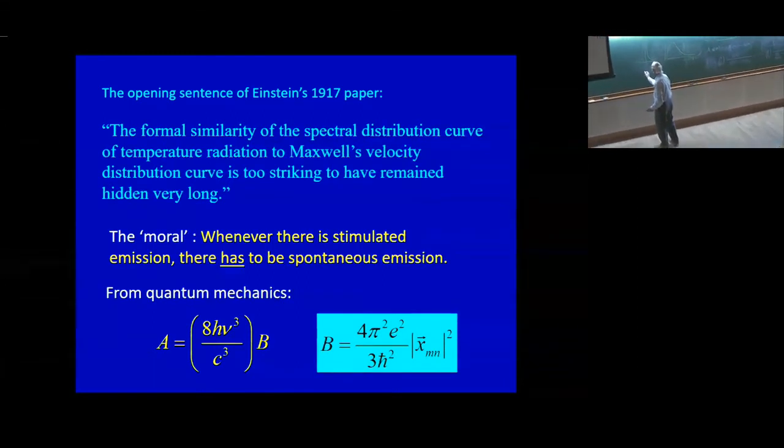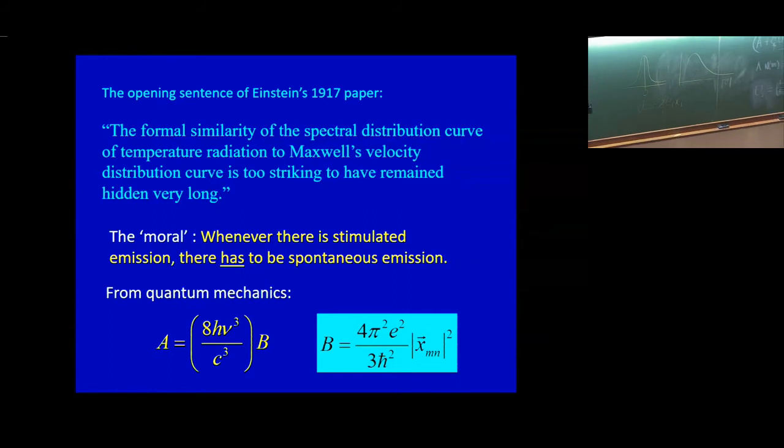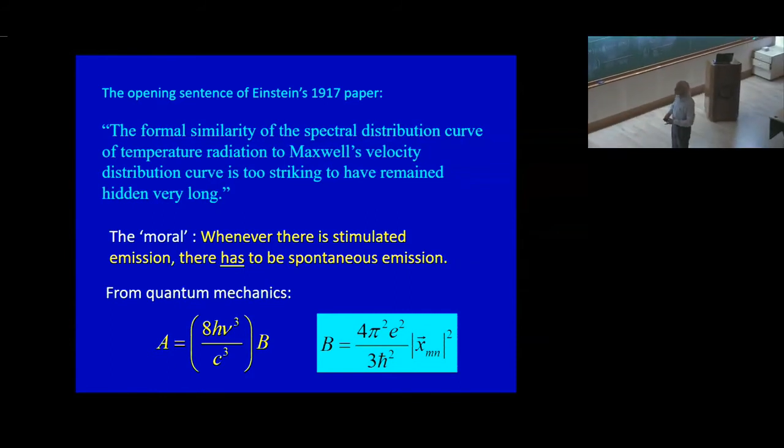So for a multi-particle system, it is the dipole moment d, which is the sum of e_i x_i, over all i, that comes in instead of a single coordinate x, if you're dealing with a multi-electron system. Now the important thing for you to appreciate is that in quantum mechanics, radiation is due to change of dipole moment.